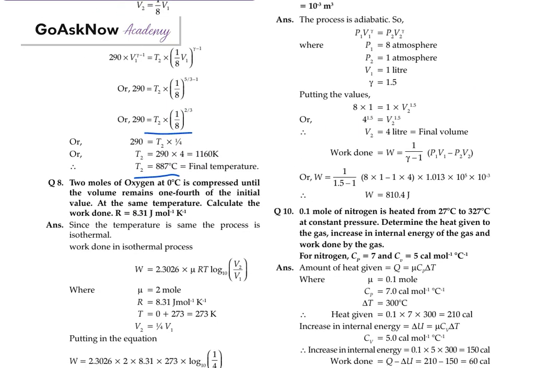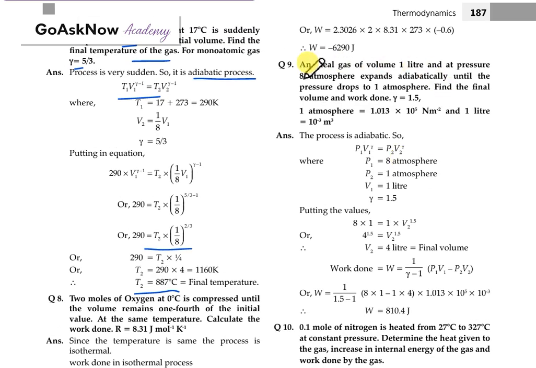Now, an ideal gas of volume 1 liter at a given pressure and temperature expands adiabatically until the pressure drops to 1 atmosphere. Find the final volume and the work done, where gamma is equal to 1.5. The values are given.